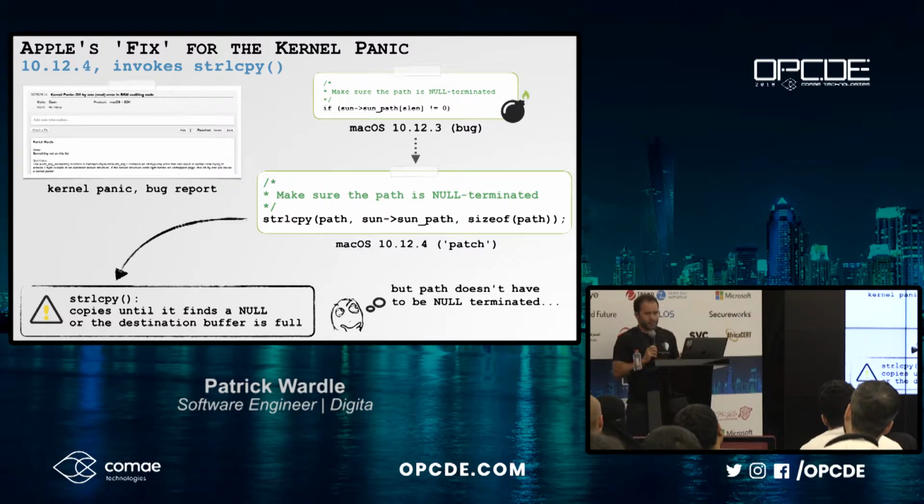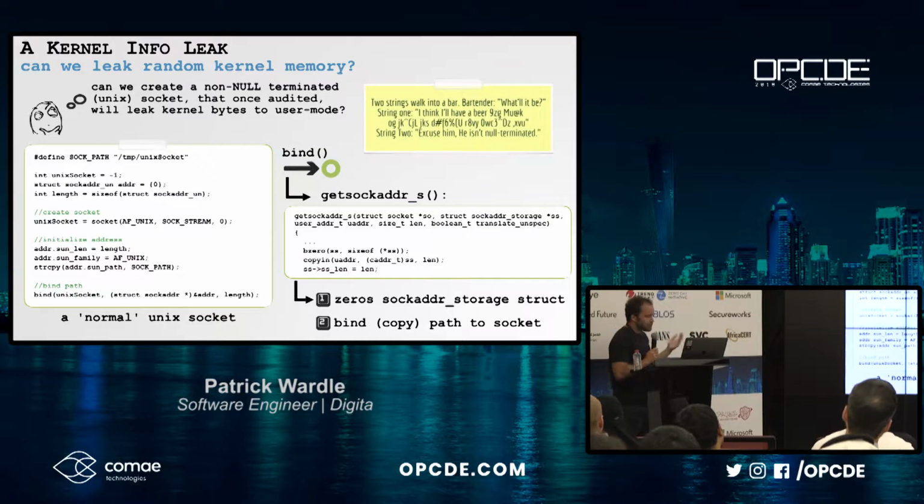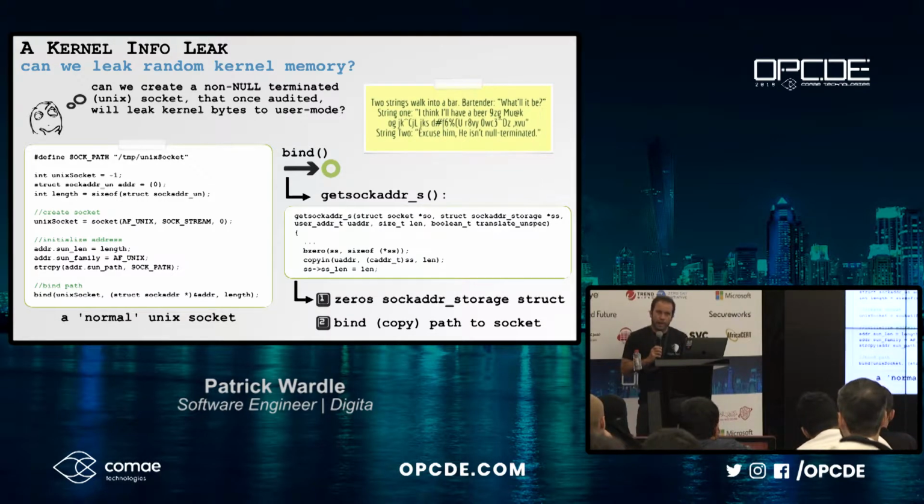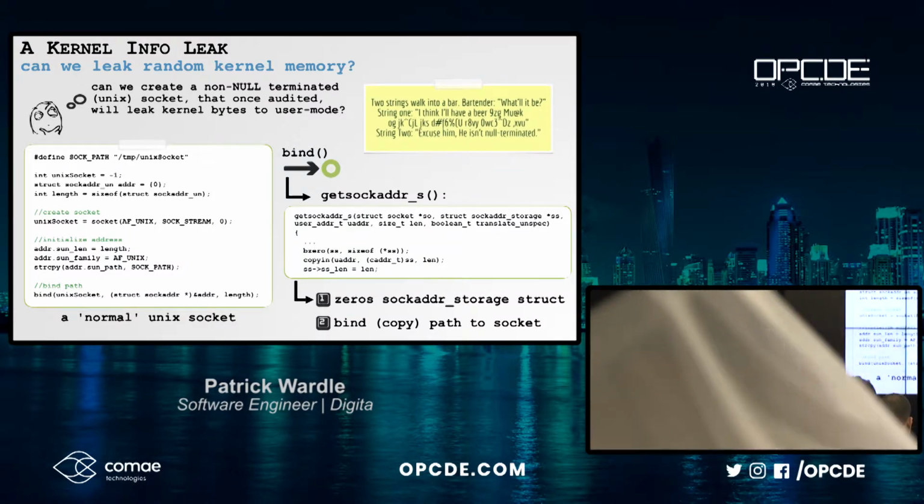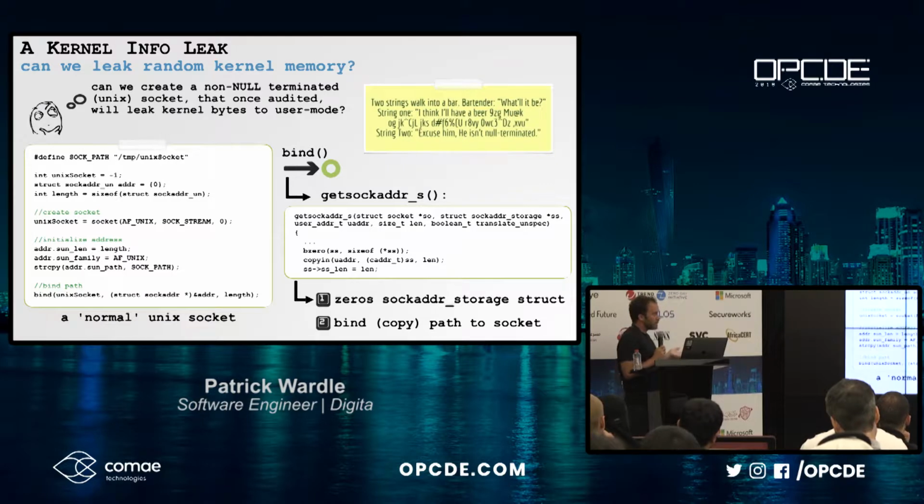But again, this path is not necessarily null terminated. More specifically, strlcpy is, as I mentioned, going to copy until it fills up the buffer or until it hits a null or 0. So if our socket is smaller than the buffer and we create a socket that isn't null terminated, we can potentially leak random kernel memory data.